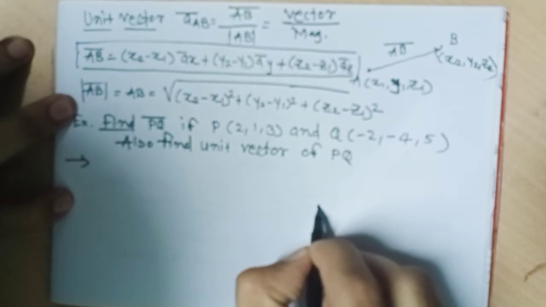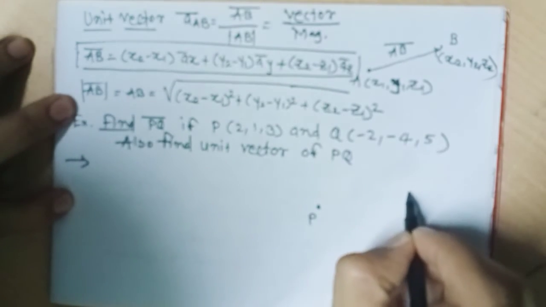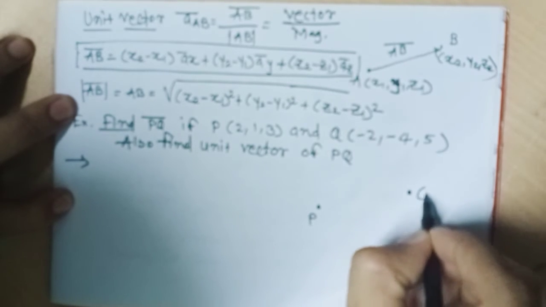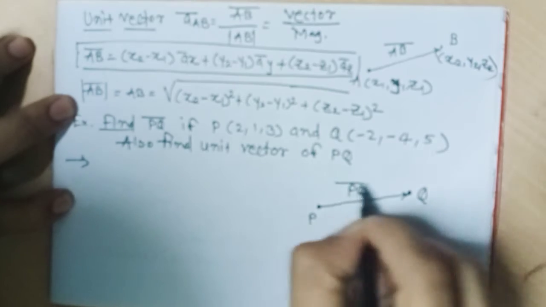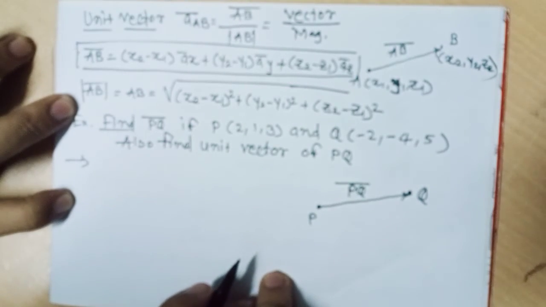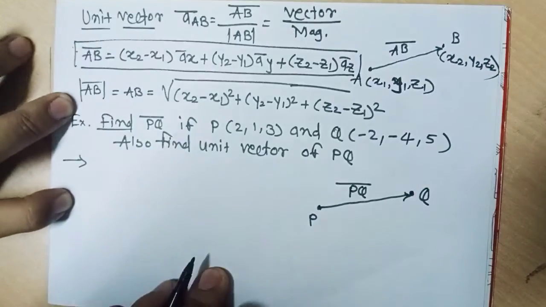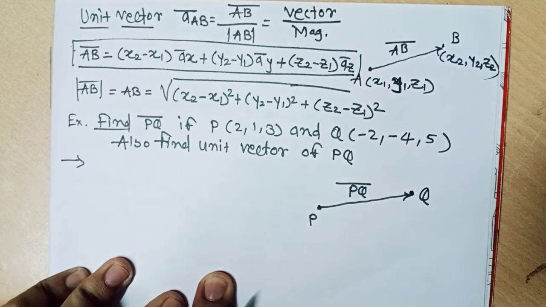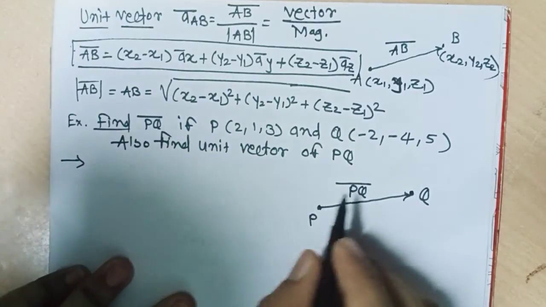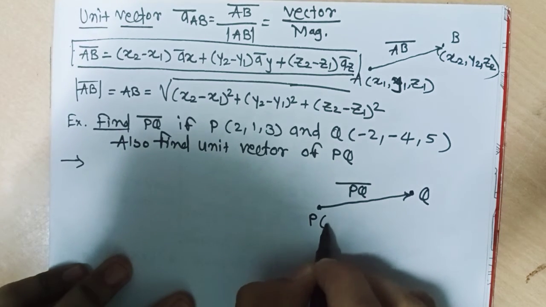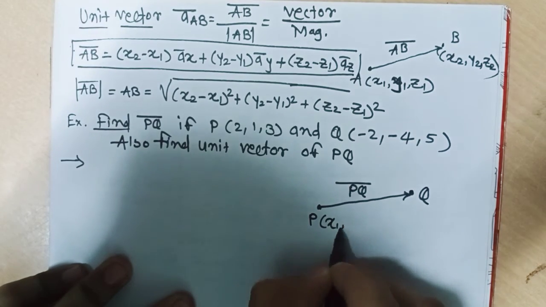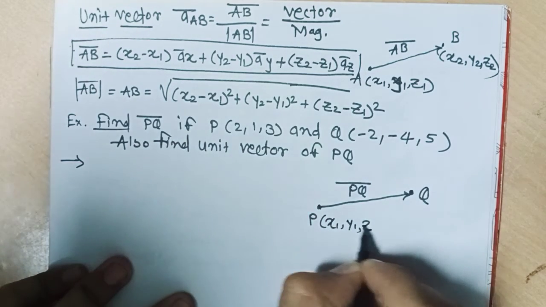So you have point P over here and point Q. So this is the vector PQ bar. Now the coordinates, as we have mentioned, this has to be assumed as x1, y1 and z1.